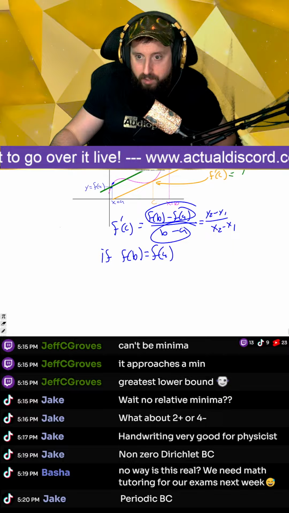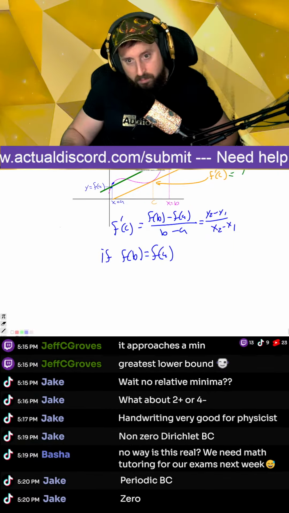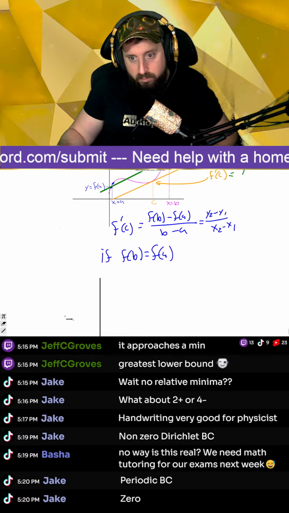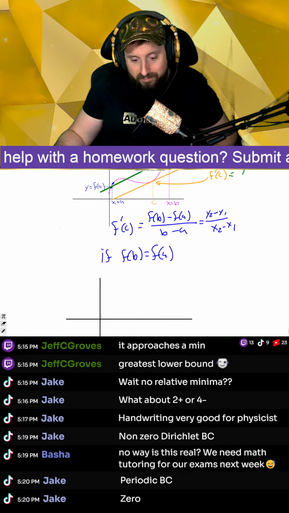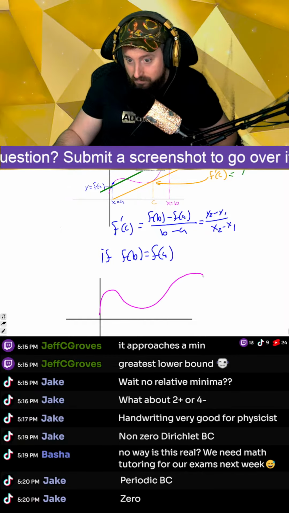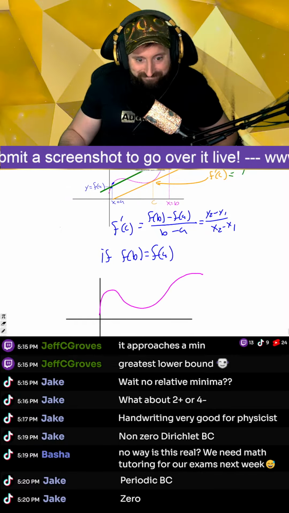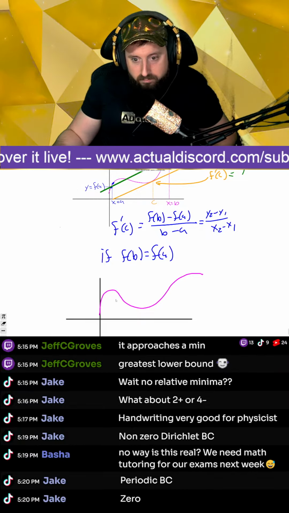So it's this over this. What happens if this equals this? What do you get? You get 0. If it's equal, you get 0.